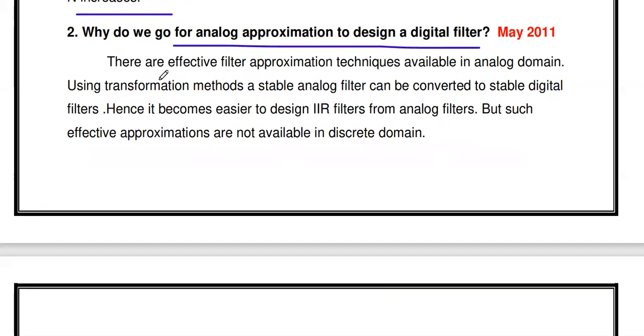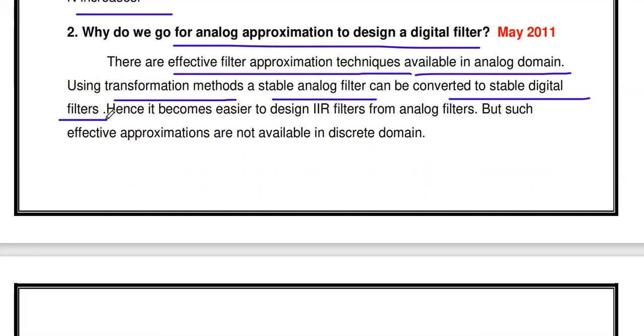There are effective filter approximation techniques available in the analog domain. Using the transformation methods, a stable analog filter can be converted into a stable digital filter, and hence it becomes easier to design the IIR filter from analog filter.